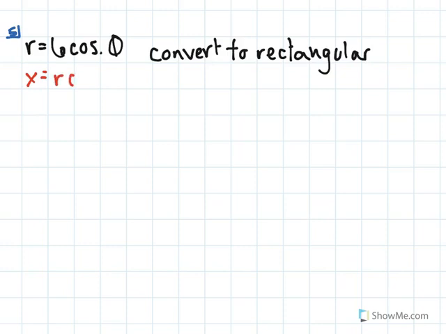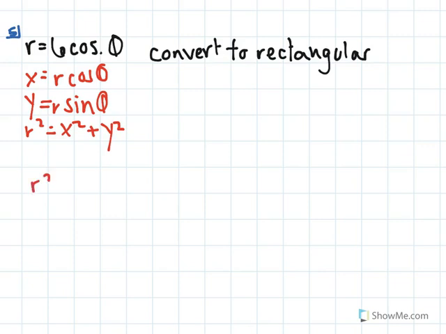We know that x equals r cosine theta, y equals r sine theta, and r squared equals x squared plus y squared. So using this then, we know that in our case, r squared equals 6r cosine theta, which I just got from multiplying both sides by r.